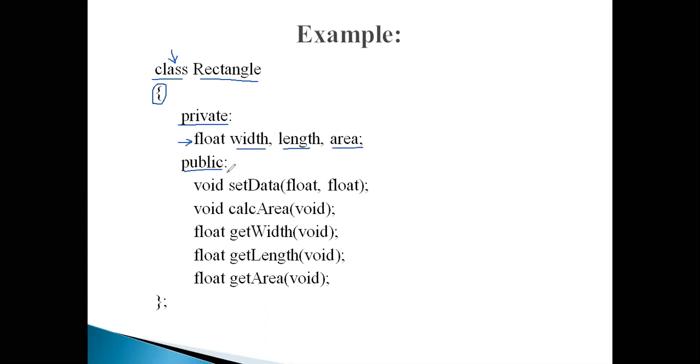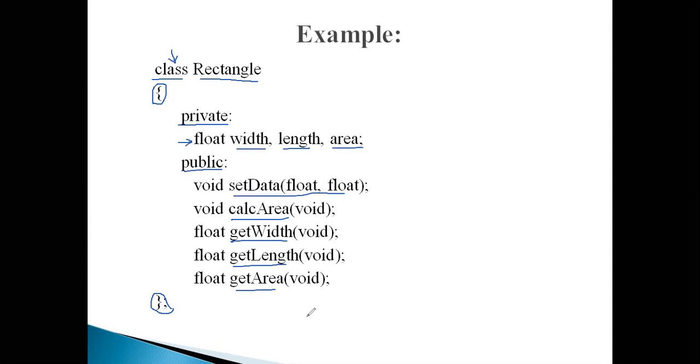And then under public, I declare the member functions. They are setData, calcArea, getWidth, getLength, getArea, and then the closing of the class: closing curly brace, semicolon. Thereby the class terminates.